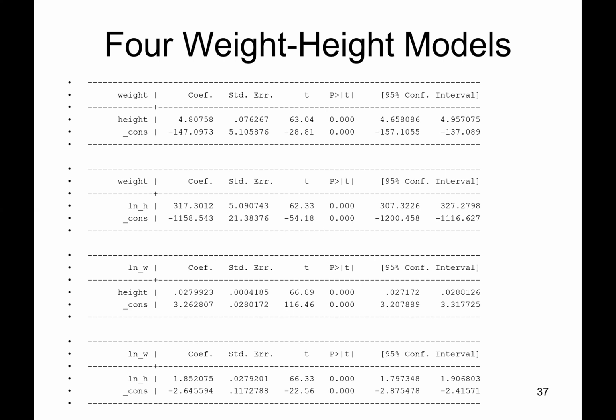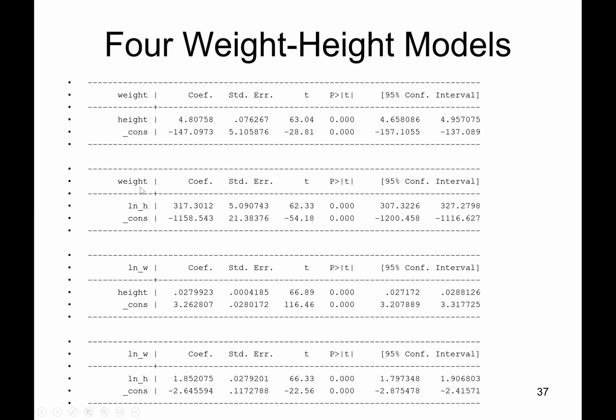So just for example, we've got 4 weight height models here, and these correspond to the models shown before. At the top here, we're looking at weight and height without any natural log terms. And as we saw before, this leads to a coefficient of 4.81, which means that a 1 unit increase in height leads to a 4.81 unit increase in weight.